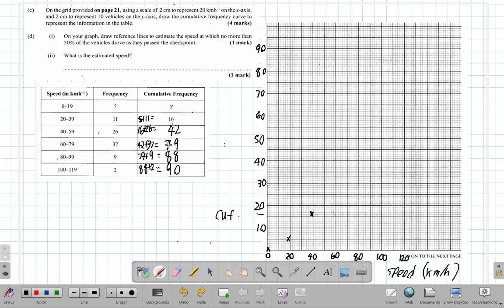Now, so that is my plot there. Let me rub out my guideline here for the 42 high. No, I'm leaving out the 42.